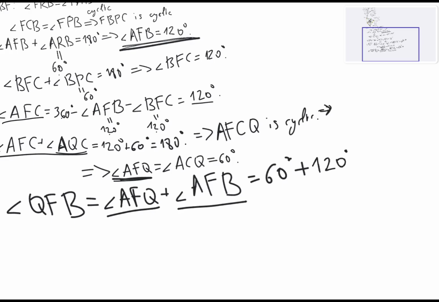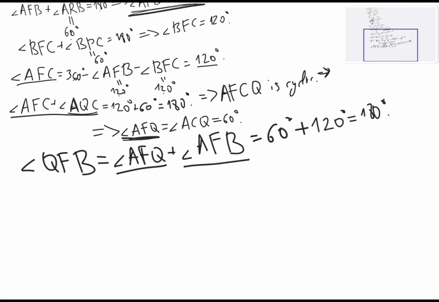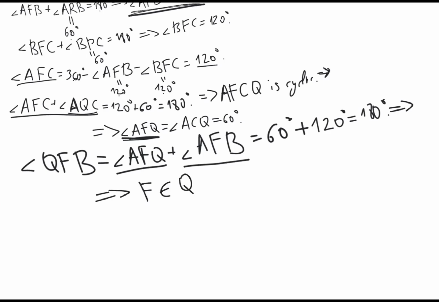So 60 plus 120 is equal to 180. And when the angle QFB is equal to 180, it means simply that the point F belongs on the line QB.